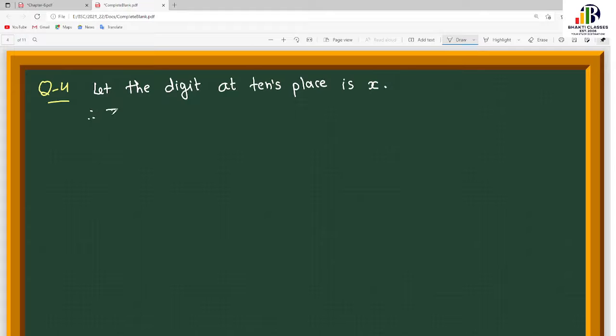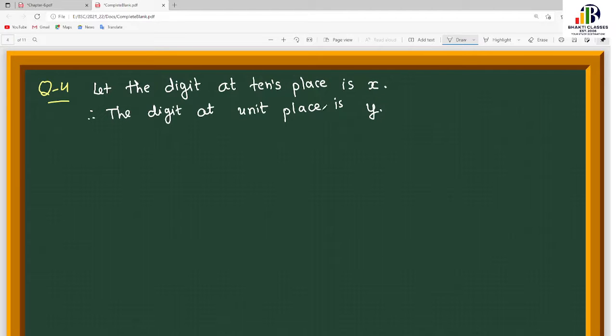Therefore, the digit at unit place is equal to, say, y.